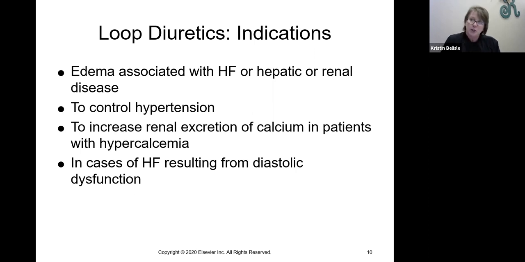If you looked at that prior slide, it decreases left ventricular end diastolic pressure. So we definitely want to give it to a patient with heart failure due to diastolic dysfunction. It's going to help them.